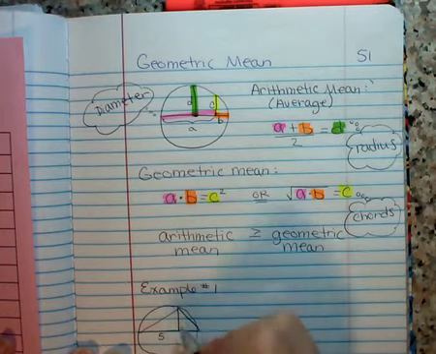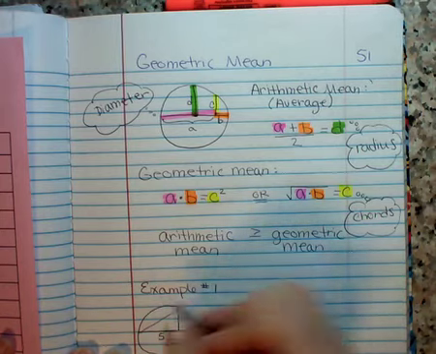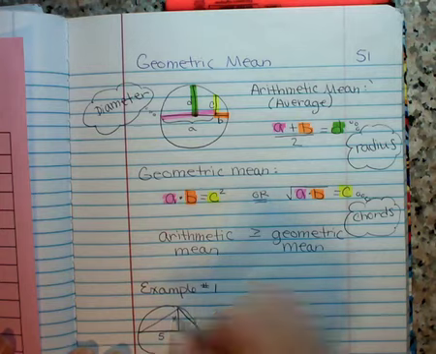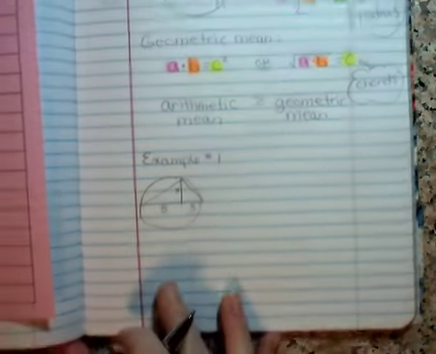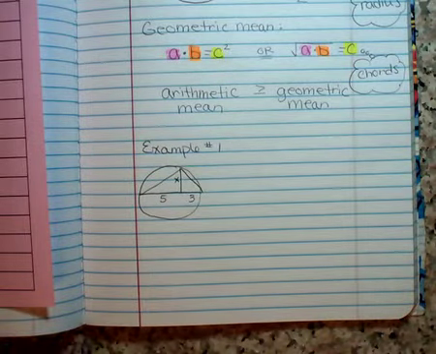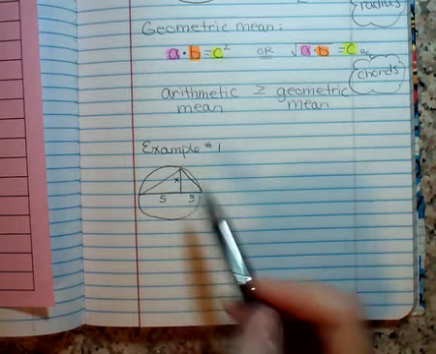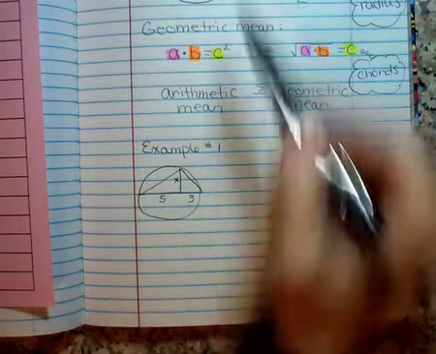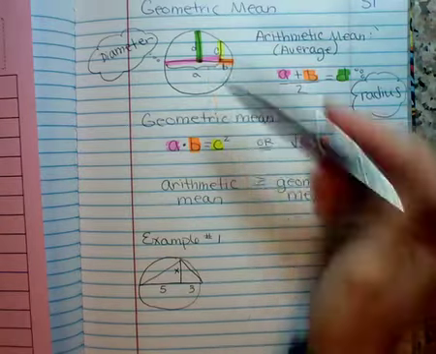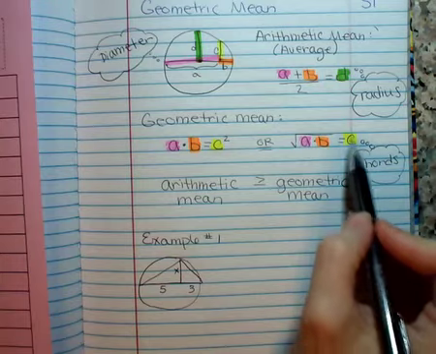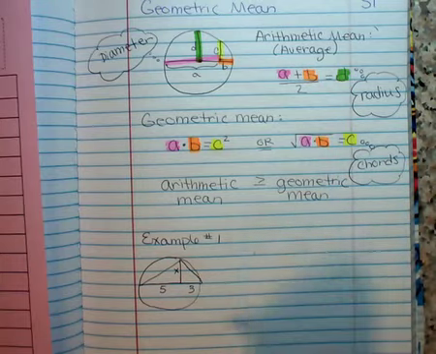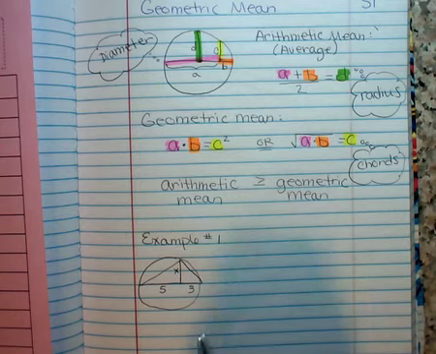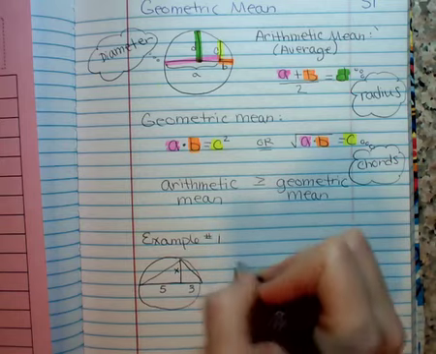So we know that this part is 5, this part is 3, and that segment is the segment we are looking for, so we're going to call that segment X. So if we are looking for this piece, that is like our C in our diagram above. So since we want to find C, I'm going to use this second equation, A times B, and the square root of that will give us C.